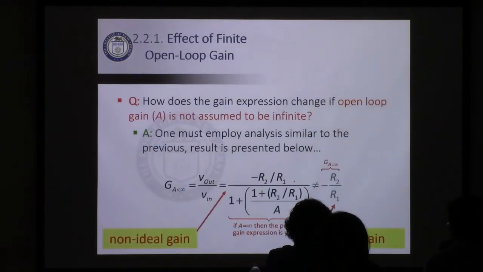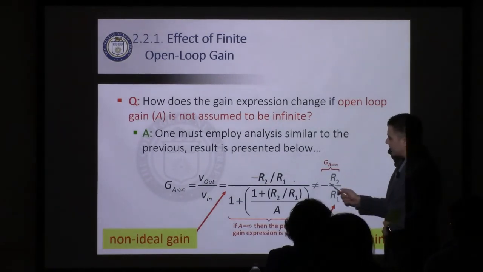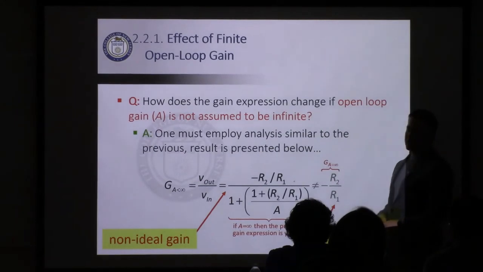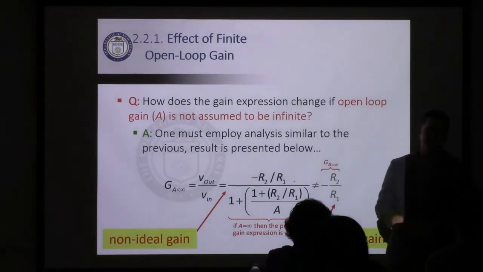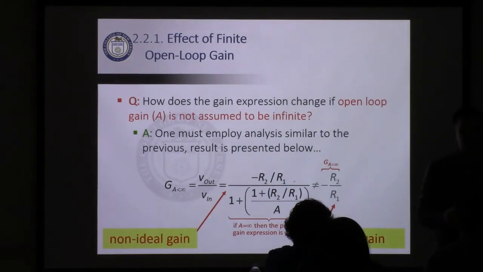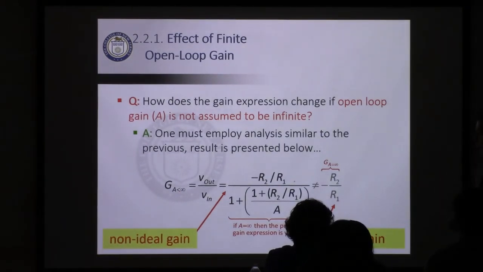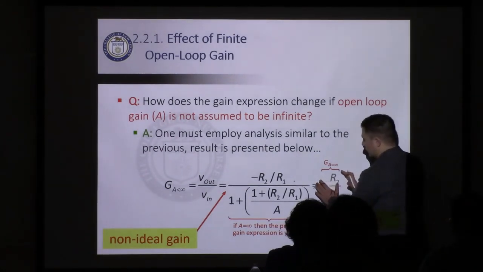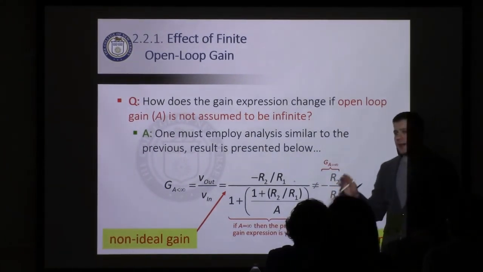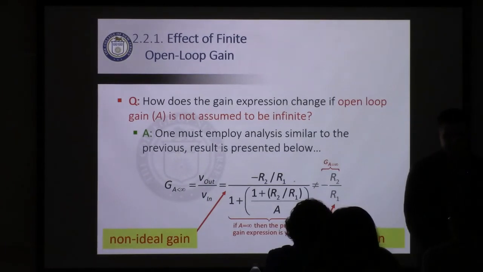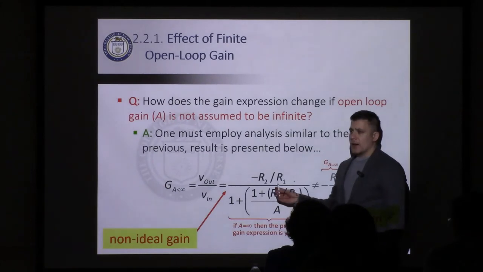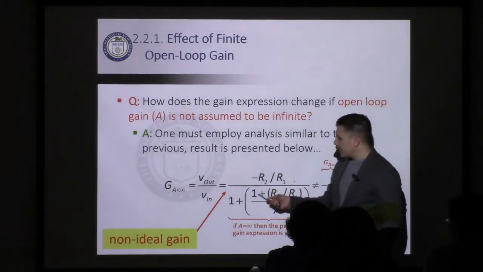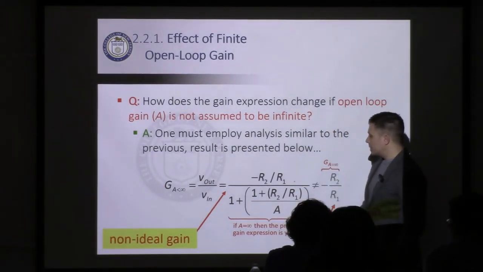Okay, so the ideal gain is negative R2 over R1 for the inverting type op-amp. What happens if the open loop gain, the internal gain, A, is not infinite? This right here only works when we can assume that A equals infinity. If A doesn't equal infinity, and we're not going to derive this expression, but they give it to us, this is another expression that we can use.